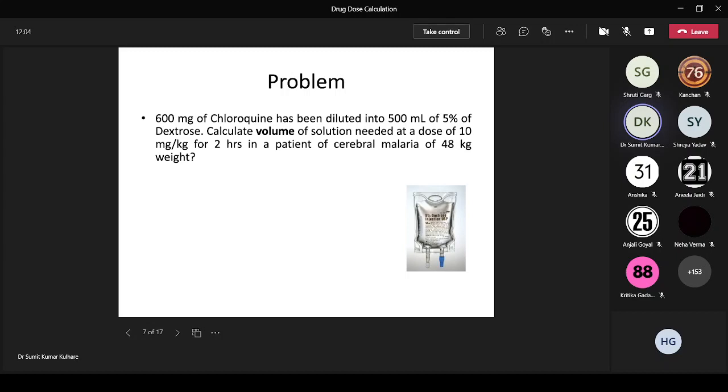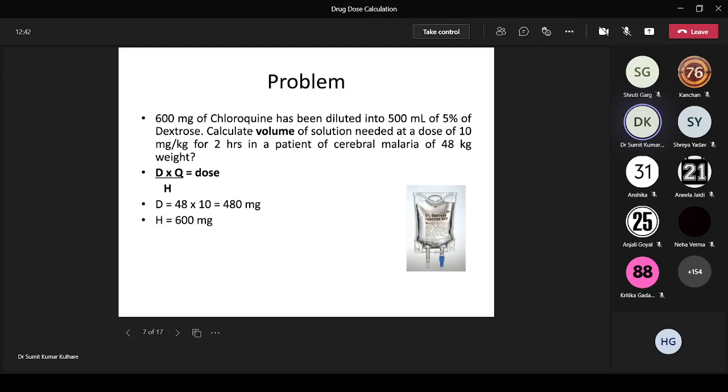What matters is the total quantity which is available to us. Now if we put it into the formula, this is our formula for calculating how much drug is to be administered. So D will be 48 into 10, because the dose is 10 mg per kg and the patient is of 48 kilograms. This is the total dose to be administered to the patient, the doctor's order.